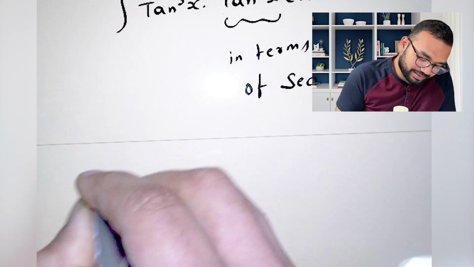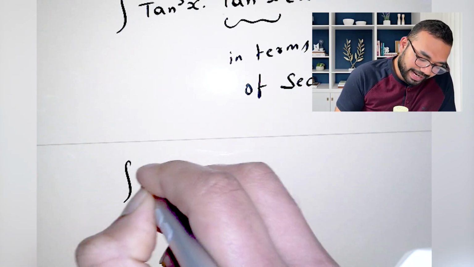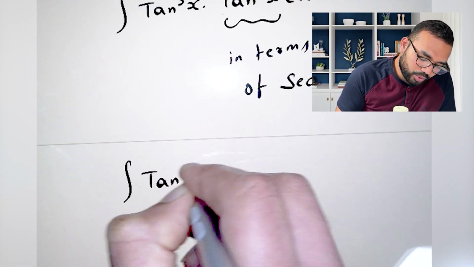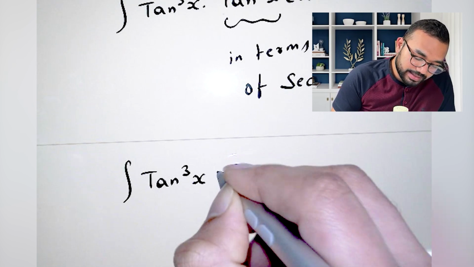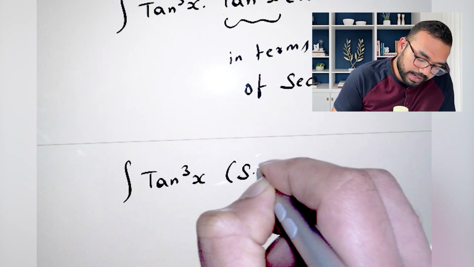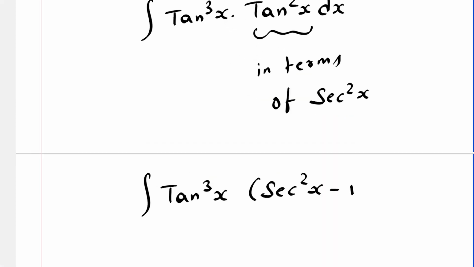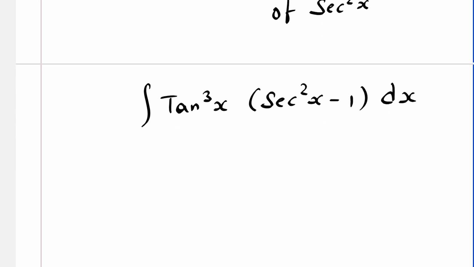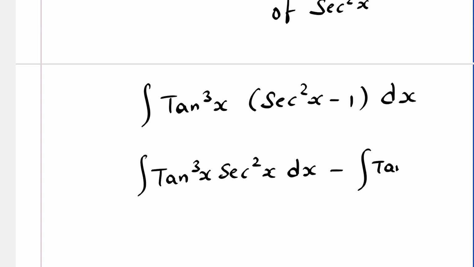So in the integral of tan cube x, tan square x can be written as secant square x minus 1. So this is going to be integral tan cube x times secant square x dx minus integral tan cube x dx, right?